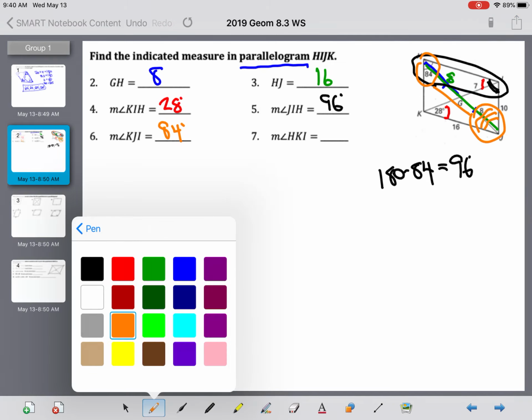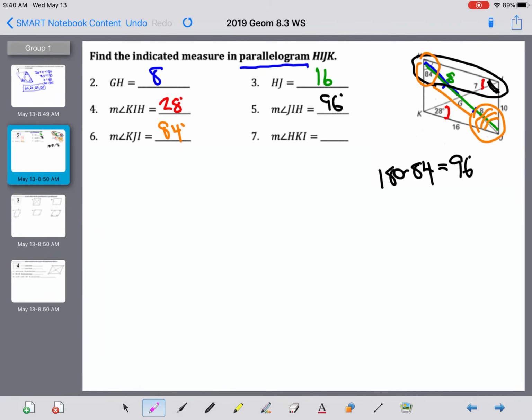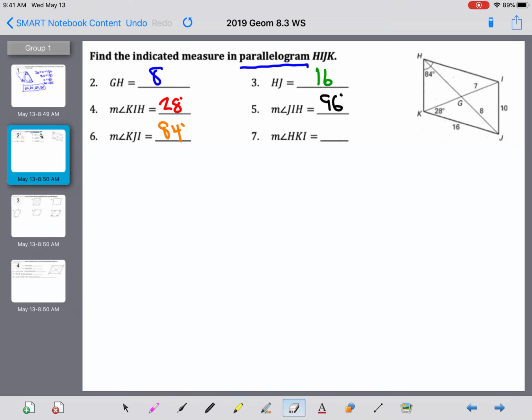And then finally, angle HKI. I'm going to kind of clean up the picture here. It gets a little kind of cluttered here.